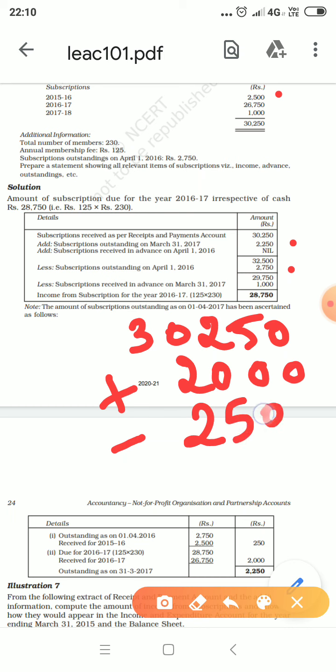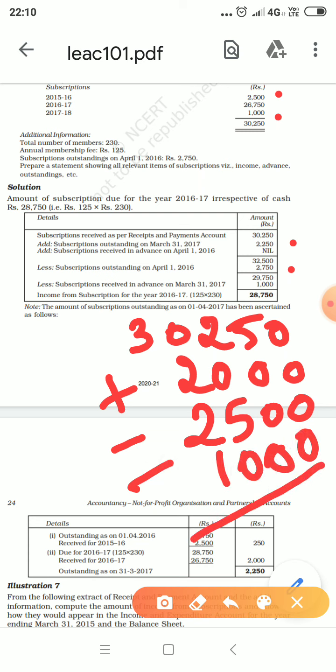So minus 2,500. Then what else do we have to minus? Subscription received in advance in the current year. Current year subscription received in advance is 1,000. It belongs to the next year. So 1,000 also I subtract. See the answer. 2,000 plus 2,000 minus 2,000 cancel. You have to do minus 1,500.